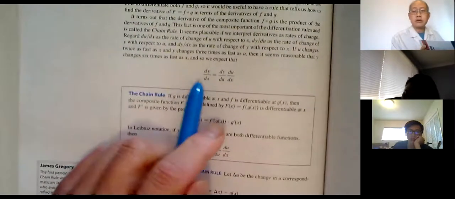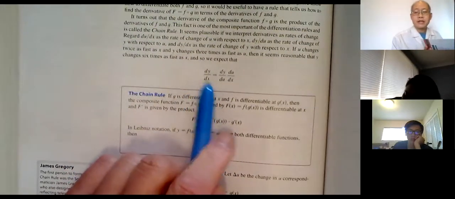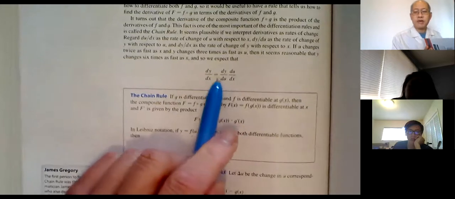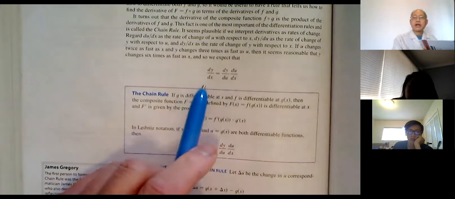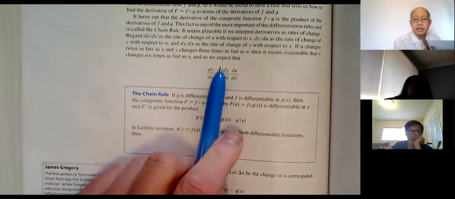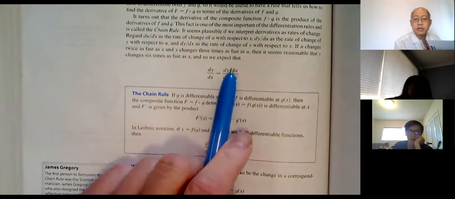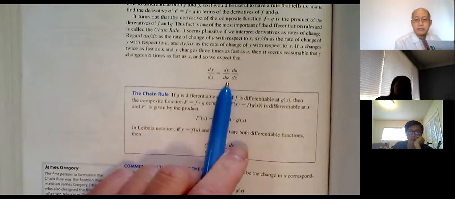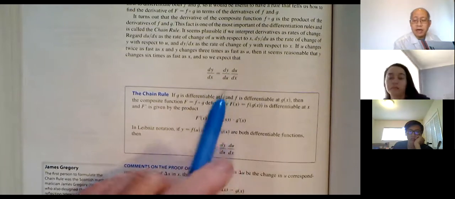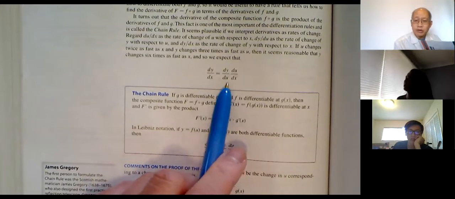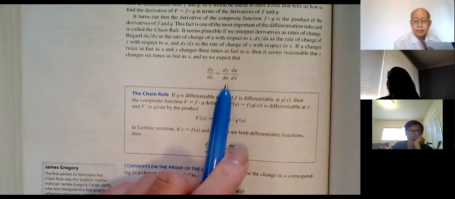I want you to see this is very plausible if you think of quote unquote canceling stuff out. dy/dx is equal to dy/du times du/dx. It looks like if you cancel out the du's, you have dy/dx.